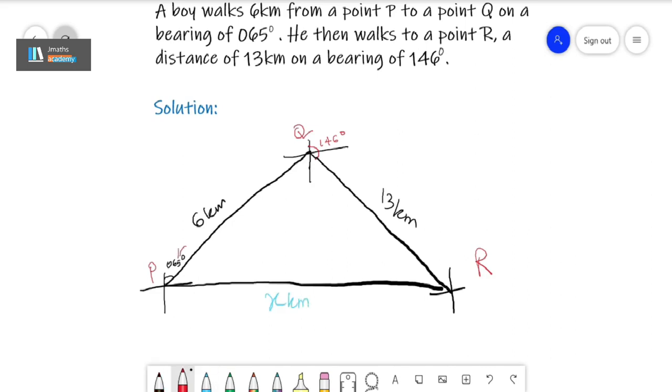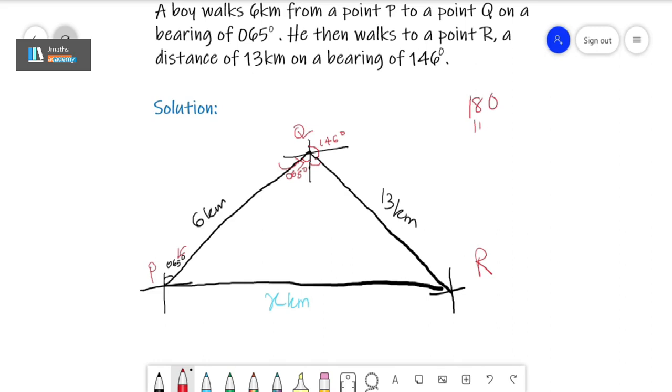So we should note that this angle here, 65 degrees, is alternate to this angle here. So it implies that here is 65 degrees. So to get this angle, we know that from north to south is 180 degrees.